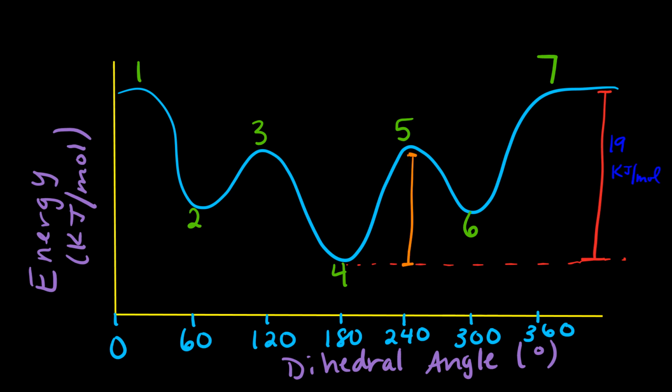The gap between the slightly lower energy eclipse conformation and the anti-conformation would be 16 kilojoules per mole. And then finally, the gap between the so-called gauche staggered conformations and the anti-conformation is 3.8 kJs per mole.